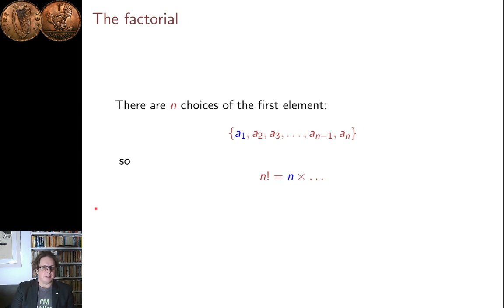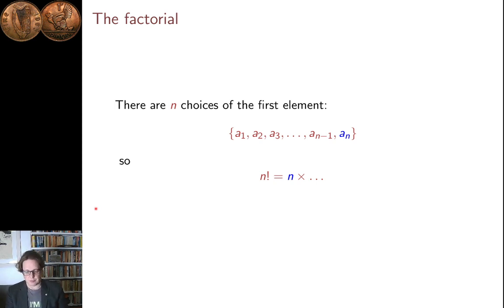It's again reasonably easy to see why the factorial does this. When you're making one of the little ordered sequences, you have to choose the first element. That could be A1 or A2 or A3, and so on, or A(n-1) or An. And so if you're putting these things in order, you have to choose what comes first.